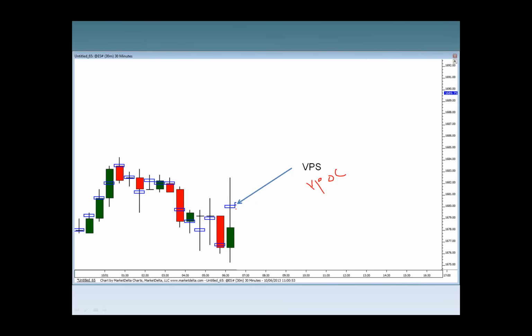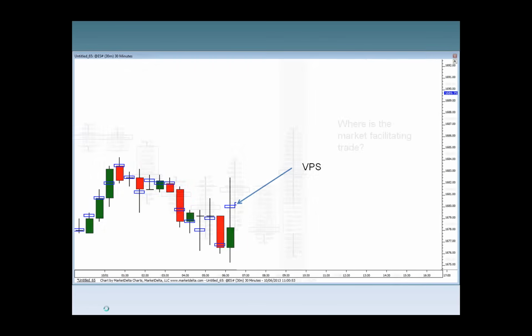First of all, it shows me if in fact we had a lot of volume, where did it occur in that price range? And since it occurred here and we ended up closing below it, even though we had a very strong bullish burst, it still would make me a little bit skeptical or a little bit cautious about a bullish entry because of the fact that the price ended up closing well below the volume point of control.